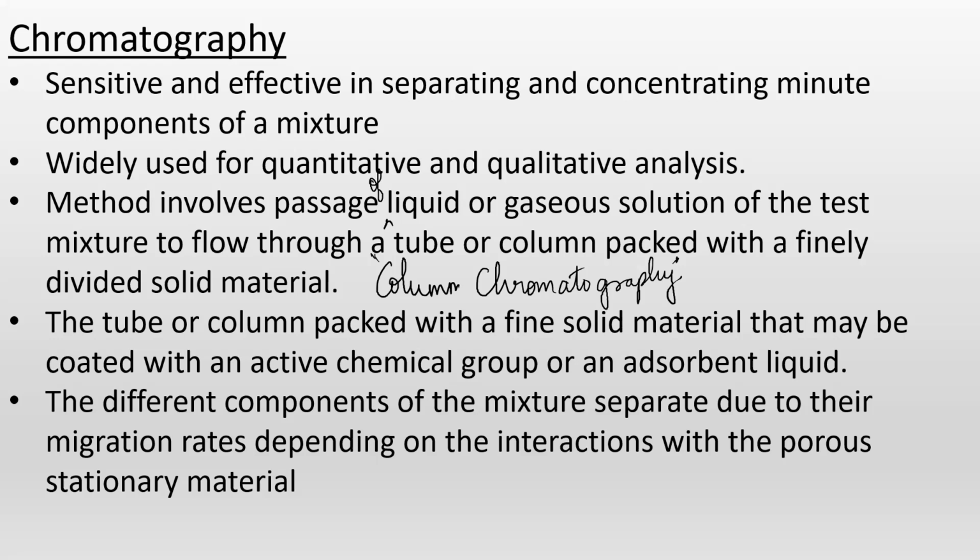Some of them will be retained on the matrix, some of them will pass through the column. The larger molecules tend to pass quickly through the column. The smaller will tend to be retained on the matrix. Then you elute them and process them for further studies.